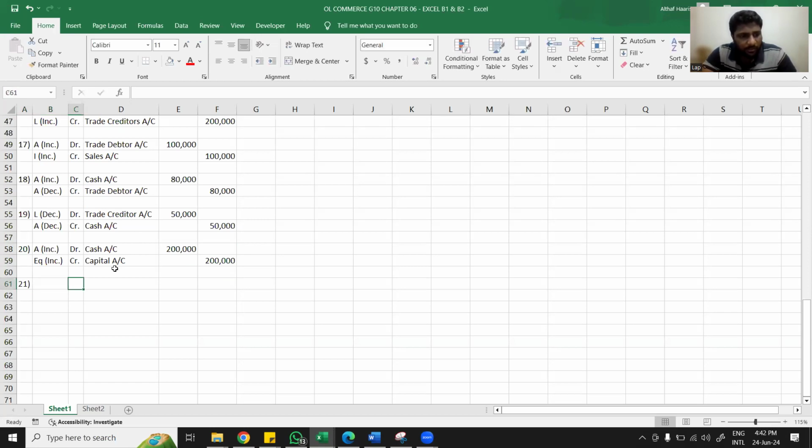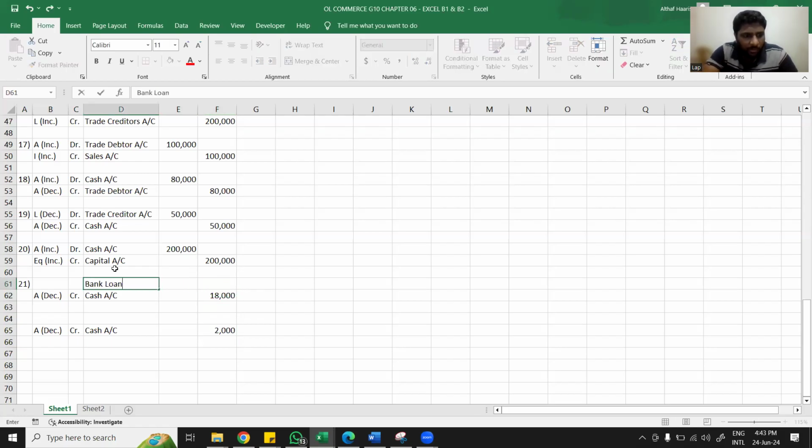Twenty-one. So first, your cash asset is decreasing. One is 18,000. The other one is 2,000. One is to settle the bank loan. The other one is the interest expense.